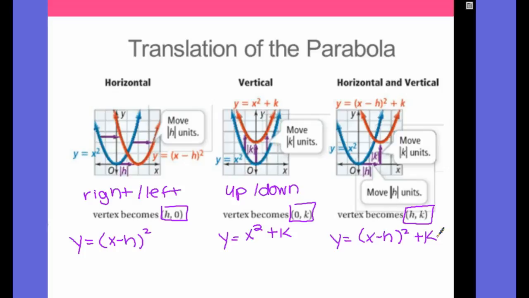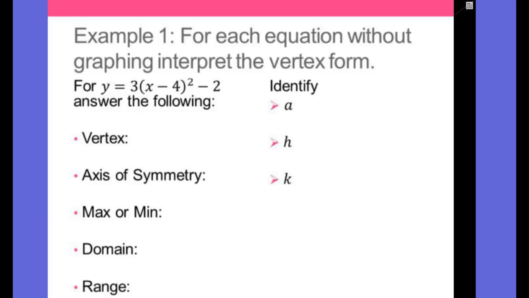So what I like to do is put words to these images. How do I describe these graphs? Well, let's look at a couple examples and answer all of those questions. When you graph a quadratic function from vertex form, the best thing to do is to identify those three key parts.